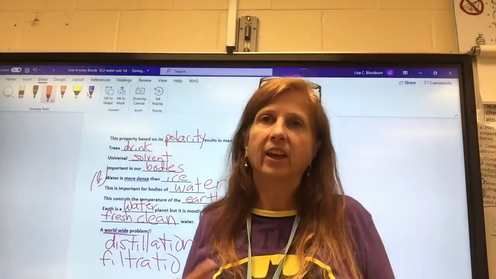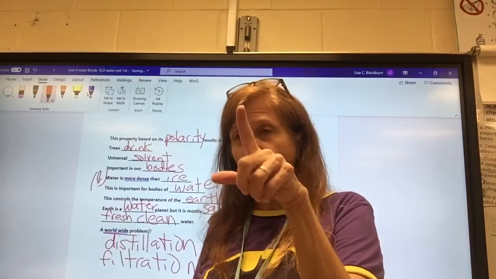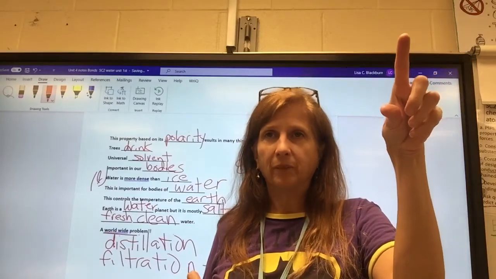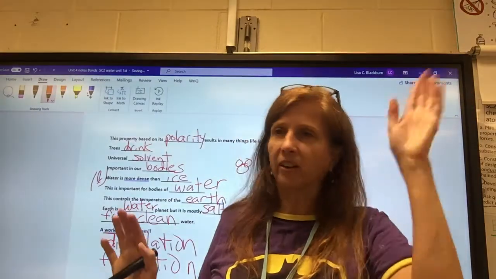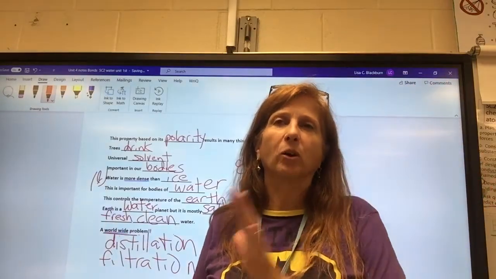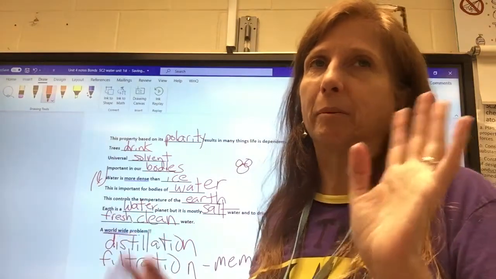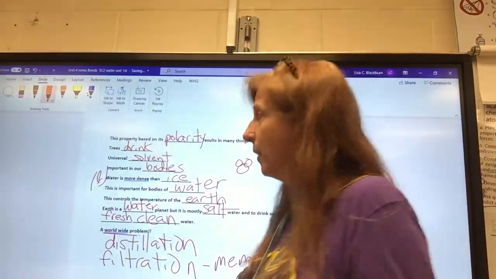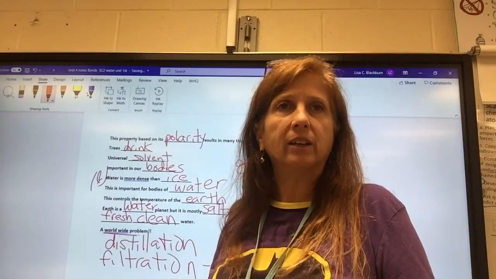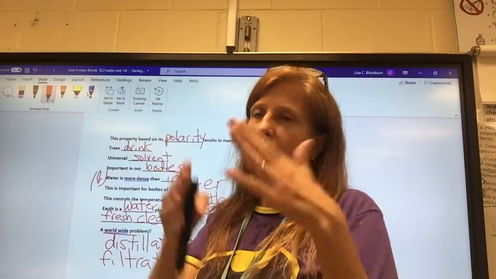That's our task. Supposedly, there's a creek by the practice field. If some of y'all know where it is, you can lead the way. We're going to go get some water, and we are going to work on purifying it. Hopefully maybe later this week, but it depends on the weather. It's supposed to be raining this week, so we might have to go on with this unit, learn what we're supposed to, and when the weather's nice, stop and go get our water.